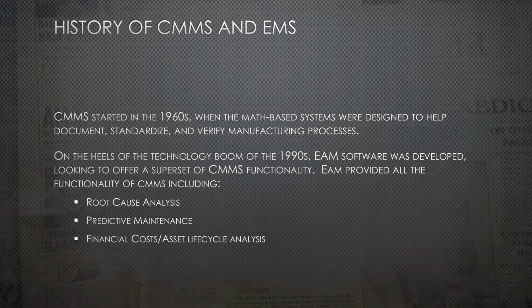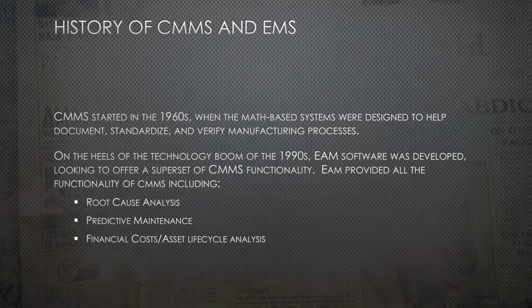Later in the 90s, enterprise level management took notice of the usefulness of CMMS applications, and that's when enterprise asset management systems were developed. EAM software contained a superset of CMMS functionality.